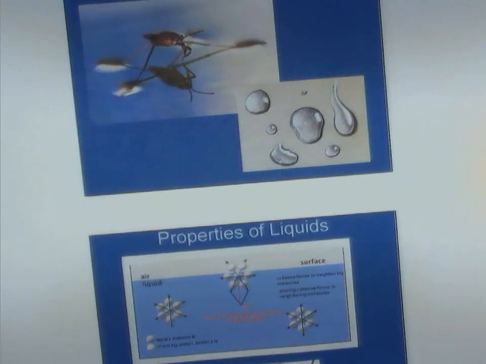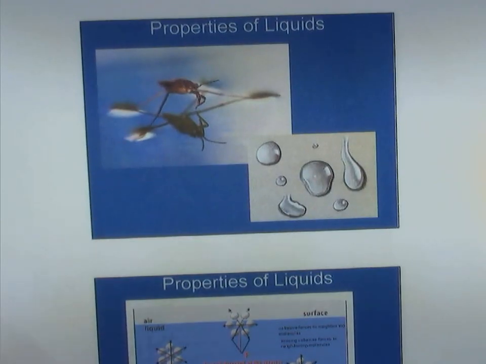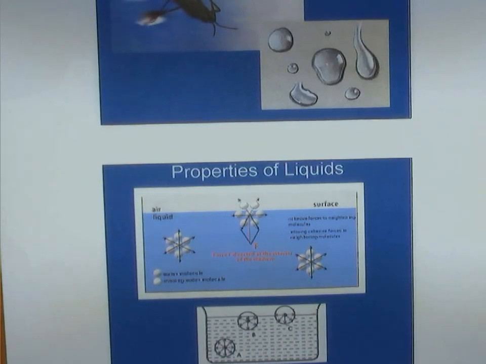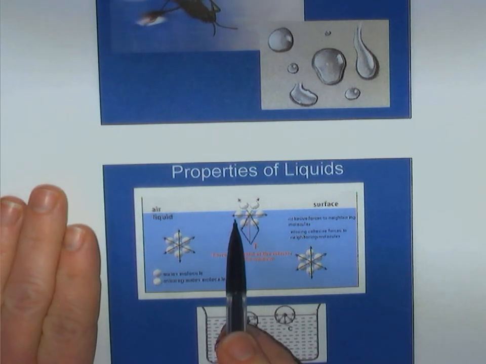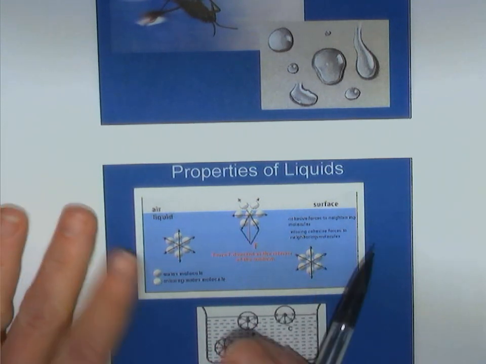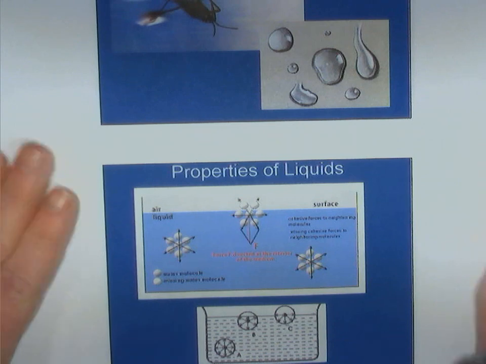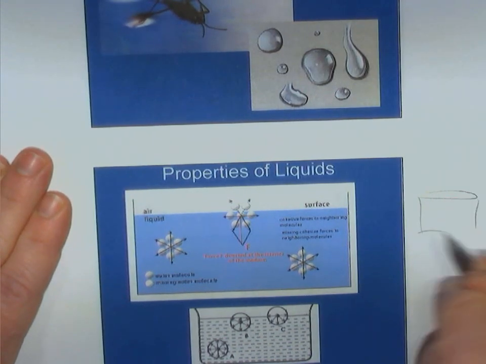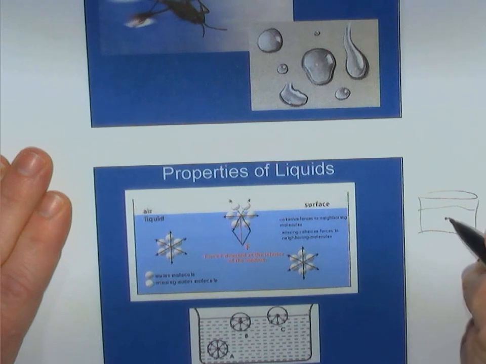I'm sure that you've talked about surface tension before. Surface tension is a result of the liquid particles exerting attraction on each other. Now, we know that in a liquid, a particle is going to be pulled by particle attraction by all those surrounding it, and it will pull back.